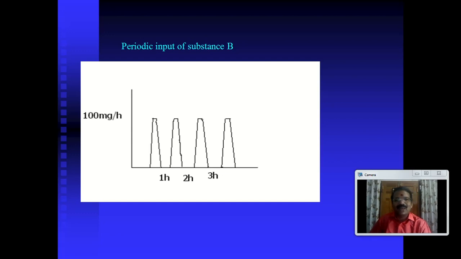That is, in the first hour, till 45 minutes are over, it is not switched on. When 45 minutes is reached, it is switched on. When 1 hour is over, it is switched off. So the periodic input of B can be graphically simulated and represented.